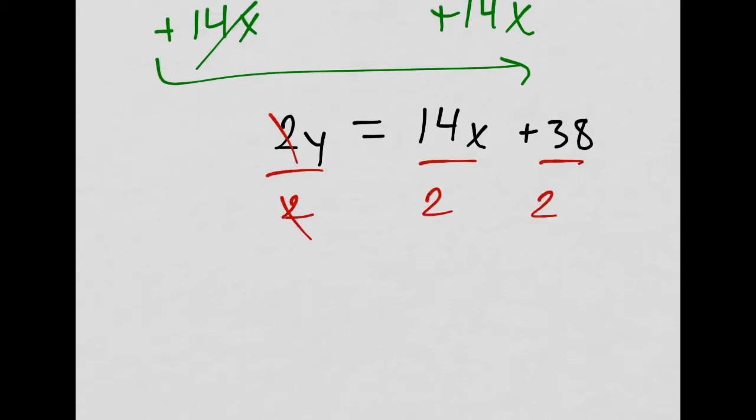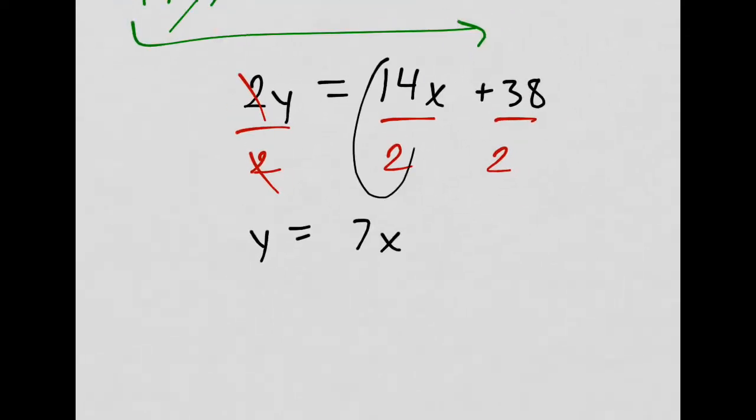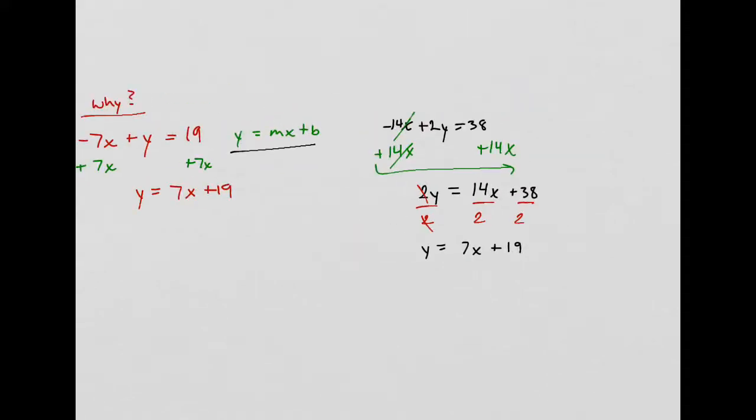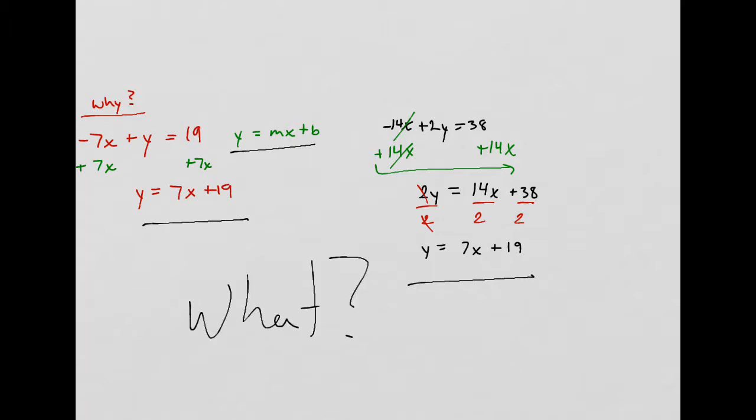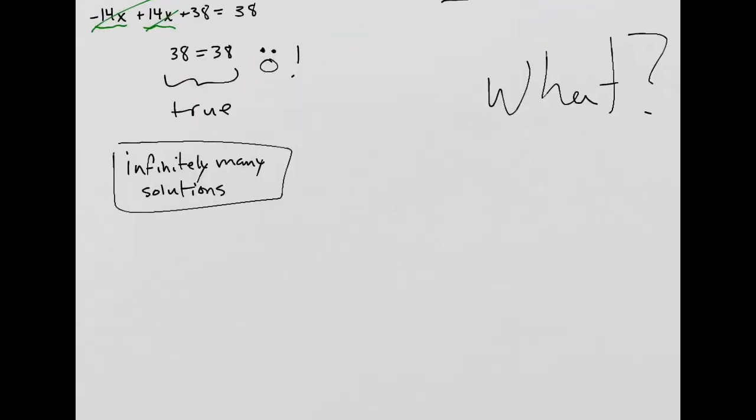I have y equals 7x, right? 14 divided by 2 is 7. And 38 divided by 2 is 19. What? They're the same line. That's why there are infinitely many solutions.